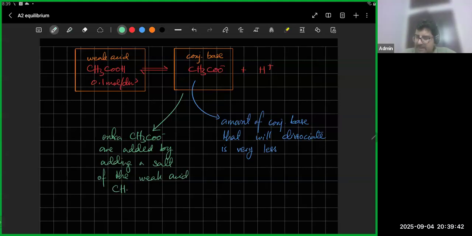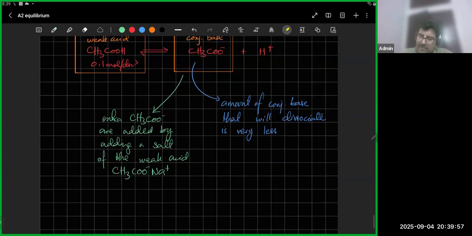So you're going to mix some salt which has ethanoate ions. That needs to be there. Otherwise, on its own, this ethanoic acid is pretty much not capable of producing this conjugate base.